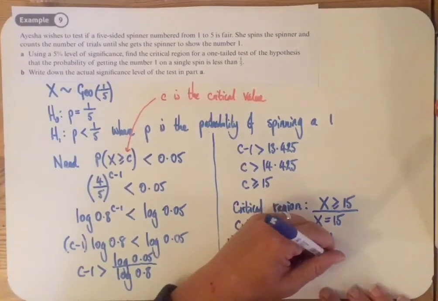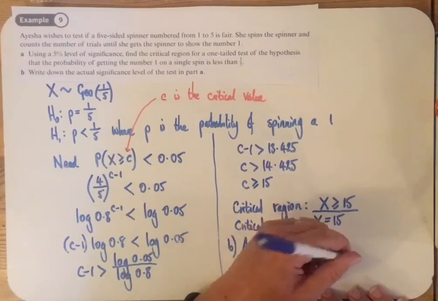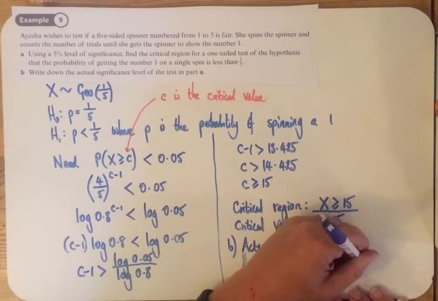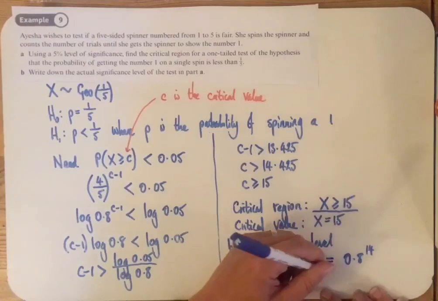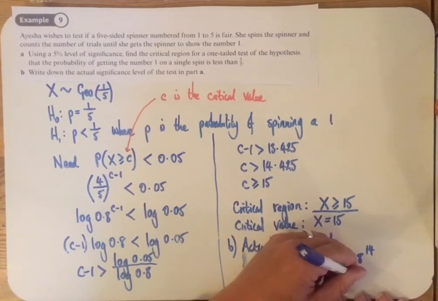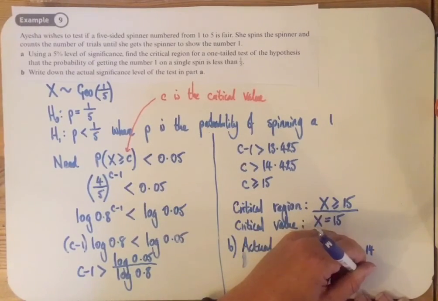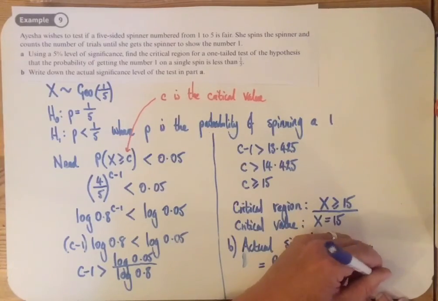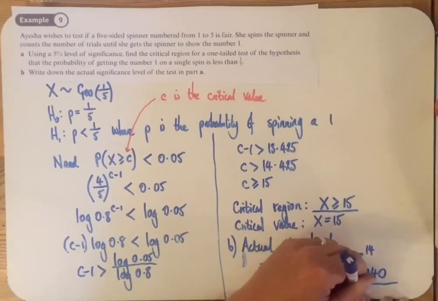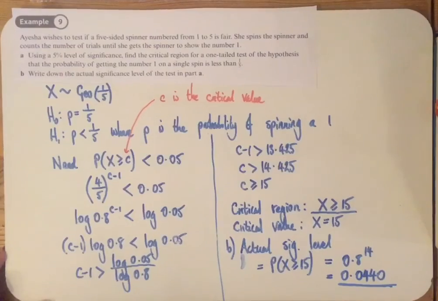So that means you don't get a 1 on the first 14 trials. And so that probability comes out as 0.0440. So that's the actual significance level for the test.